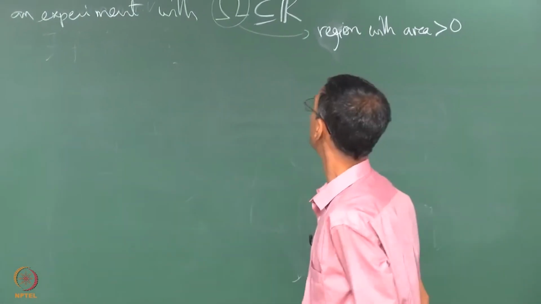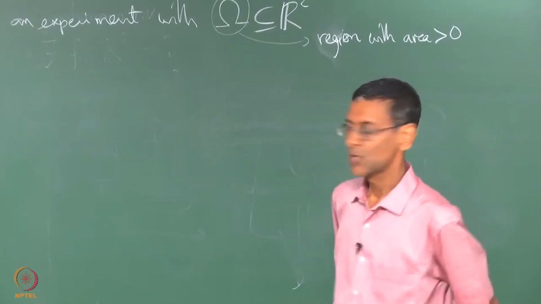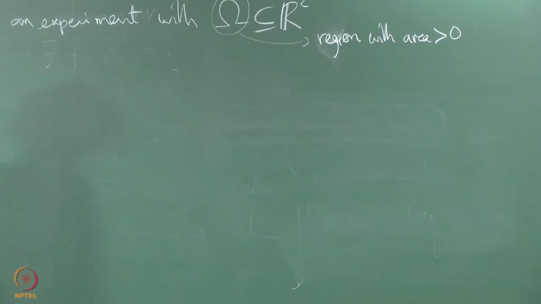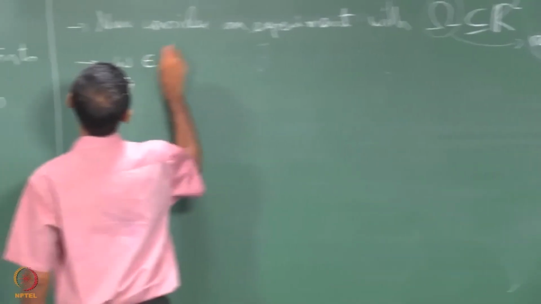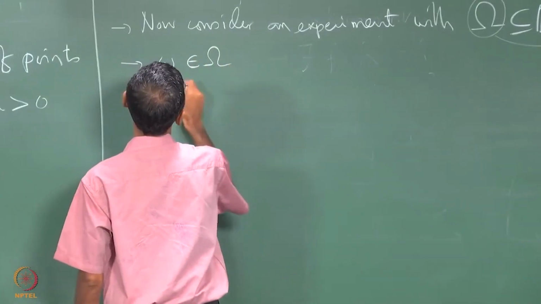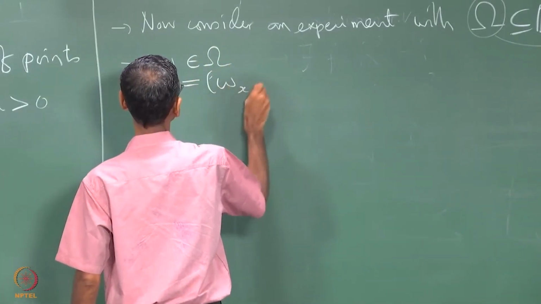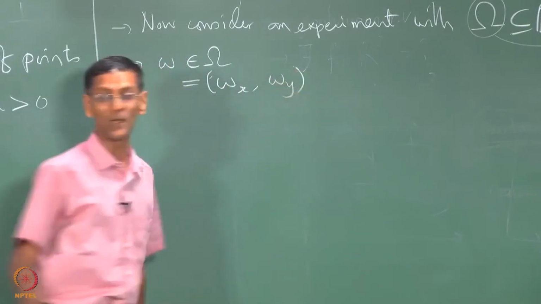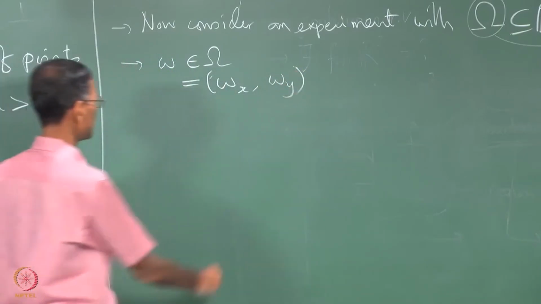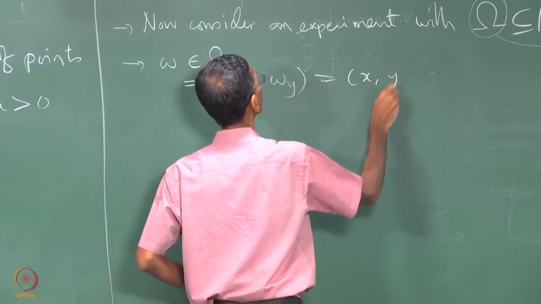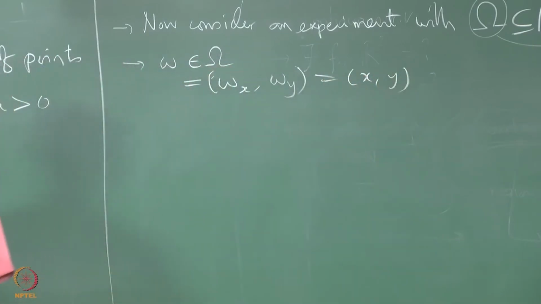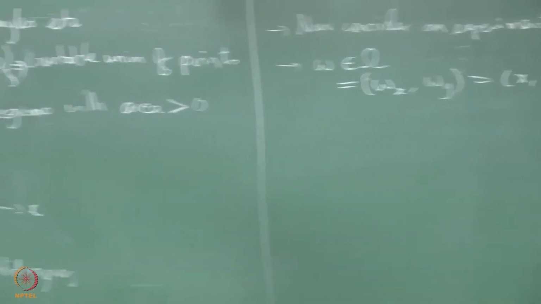So each omega in this basically has two components, omega x and omega y, if you will. It has an x component, or you can just write it as x comma y.